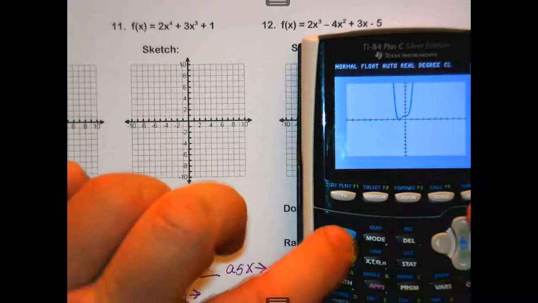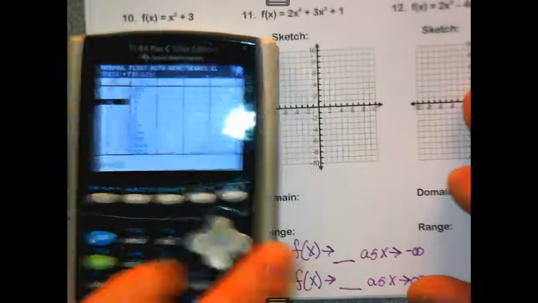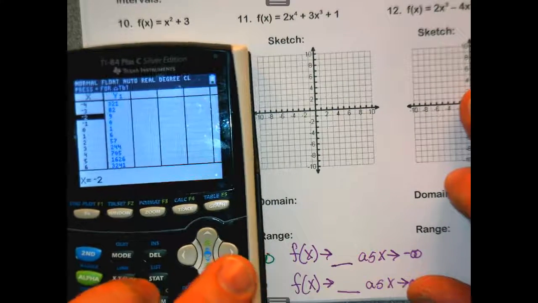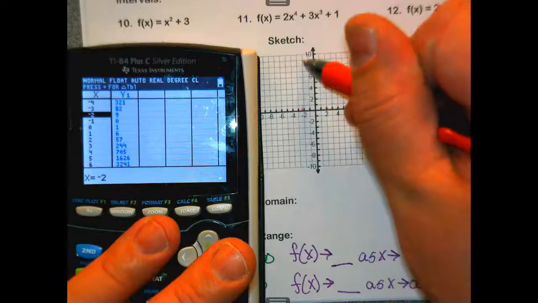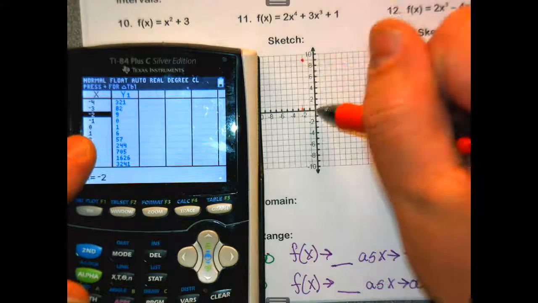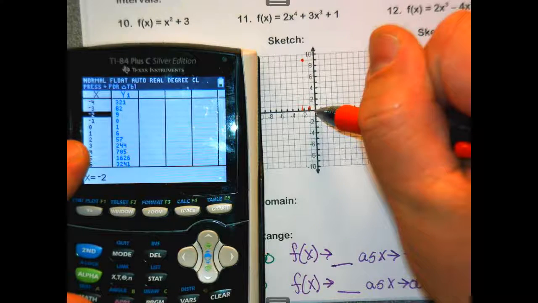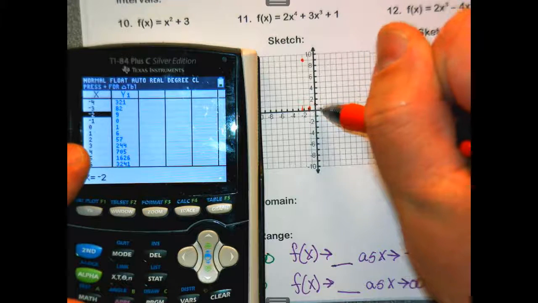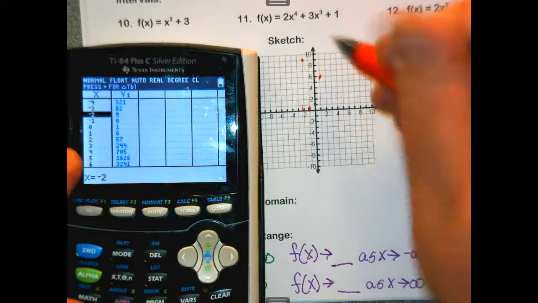So let's graph this thing with some points. Let's use negative 2, 9, negative 1, 0, 0, 1, 1, 6, and then 2 way up there.